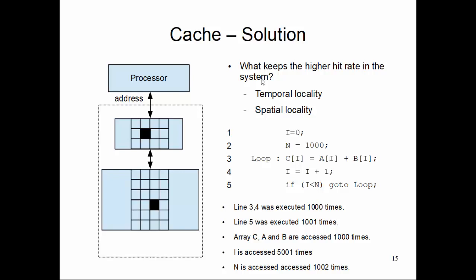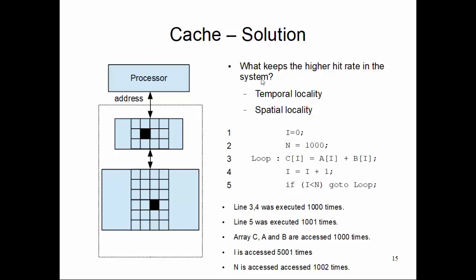Either you are testing if I is within a certain limit, then you keep on doing the loop, or updating I, the value of I equals I plus 1. So in either case, within the loop, for multiple iterations, you keep accessing the same variable, and the variable is practically a memory location. So over and over, you will be accessing the same location.